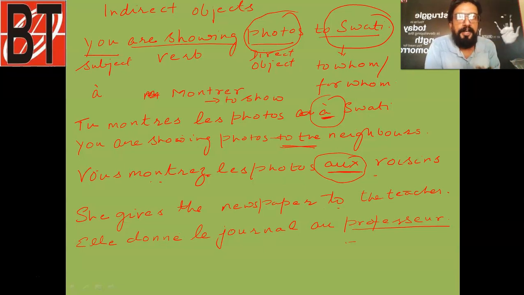The important thing to remember is that indirect object pronouns most of the time are used for pets and even for human beings, that we will understand when we focus on the examples.